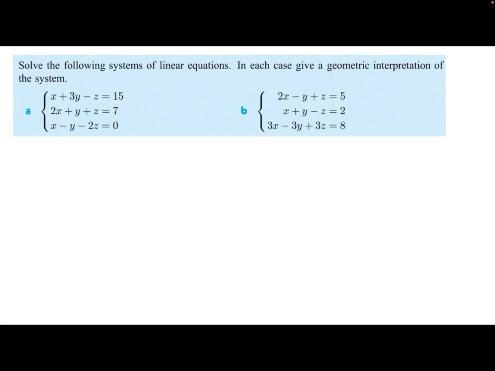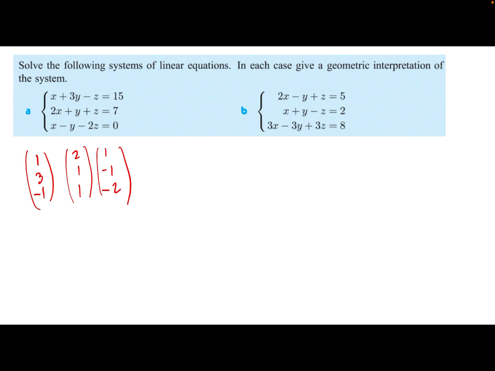We've got 1, 3, minus 1 would be the normal vector of the first plane. 2, 1, 1 would be the second plane. And 1, minus 1, minus 2. So are we seeing that there are any planes that are parallel to each other? I don't think we're finding the direction of each of those is the same at all.